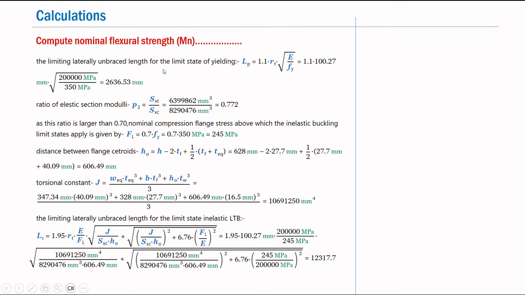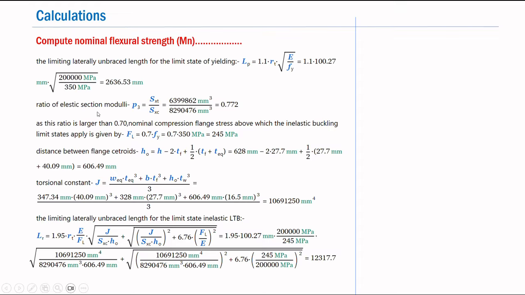So here Lp is the limiting laterally unbraced length for the limit state of yielding, and this is evaluated as 1.1 into rt into square root of E by Fy, and that is equal to 2.6 meters. And obviously in our case we know that the unbraced or the unsupported length of the compression flange is 10.67 meters, which means that the limit state of yielding cannot be taken for the computation of the Mn value.